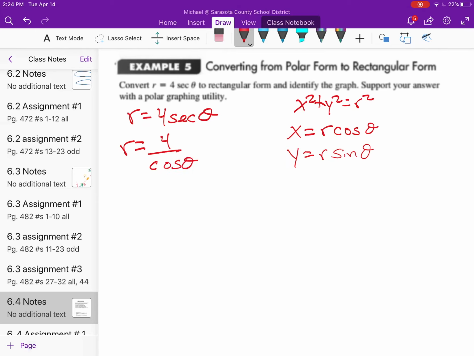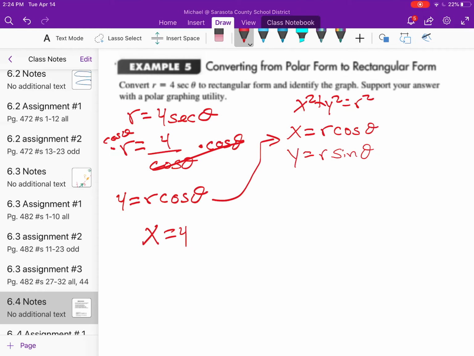If I multiply by cosine of theta on both sides, you get 4 equals r times cosine theta. Why is that significant? Take a look: r times cosine of theta equals x. So what does this tell us? It tells us literally that x equals 4.